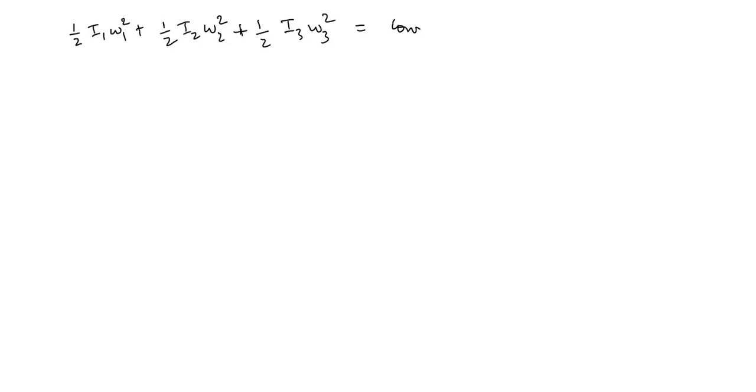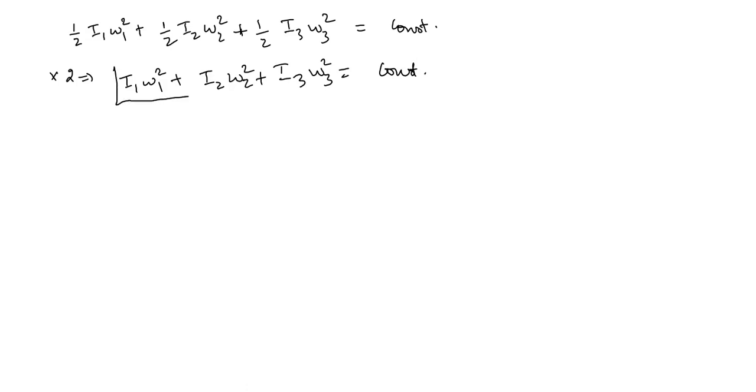So if you multiply by 2 on both sides, I1 omega 1 square plus I2 omega 2 square plus I3 omega 3 square is also a constant, because constant into constant is another constant. So therefore this one is a constant of motion, given by this formula.